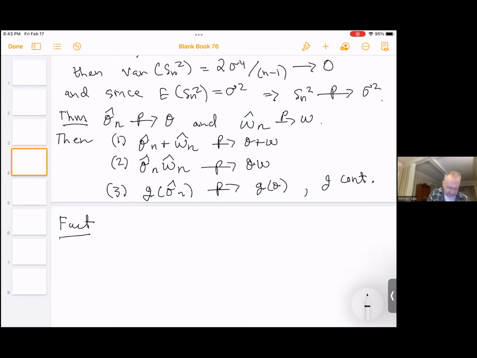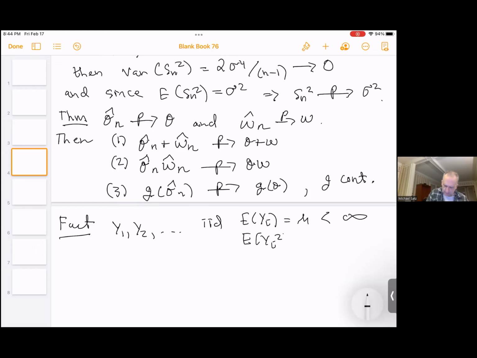Or I could make it an example, but let's suppose we let Y1, Y2, dot dot dot, be iid, and suppose E[Yi] equals mu is finite.